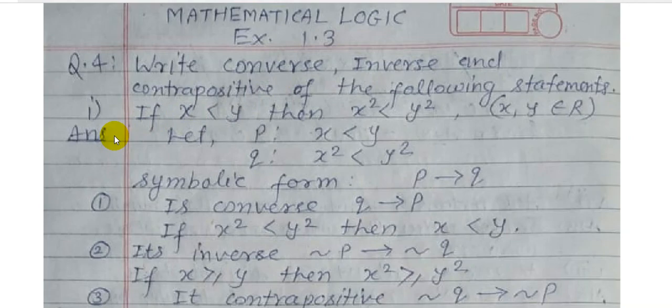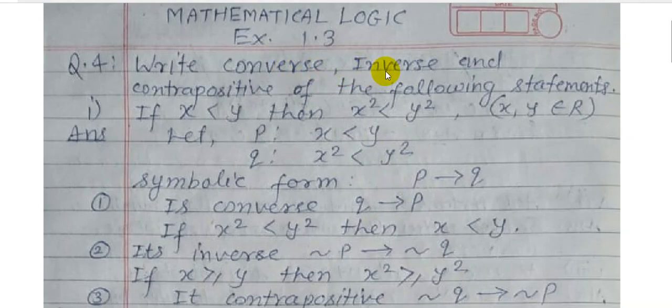Its symbolic form will be P conditional Q. For the converse, you have to reverse the statement, which means we write Q to P. Given statement is in the form of P conditional Q, so your converse will be Q conditional P. It is the definition of converse.